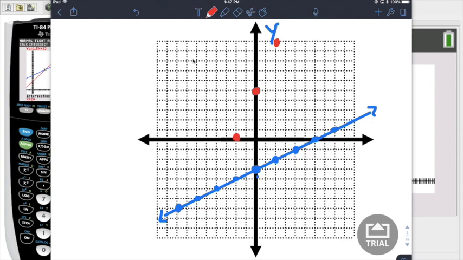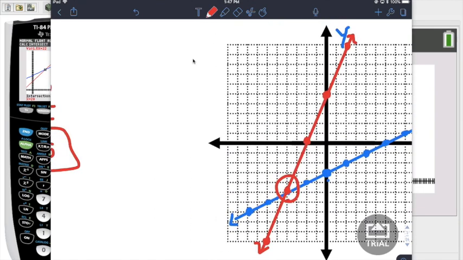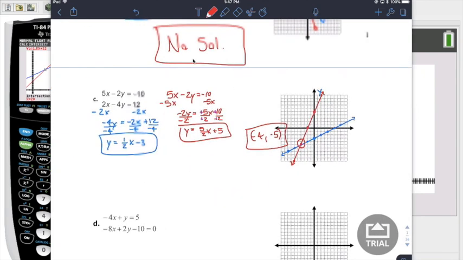So down 5, left 2. Down 5, left 2. Down 5, left 2. There you go. So it looks like it intersects at that ordered pair right there. And what is that? That looks like negative 4, comma, negative 5. That'll be good there.